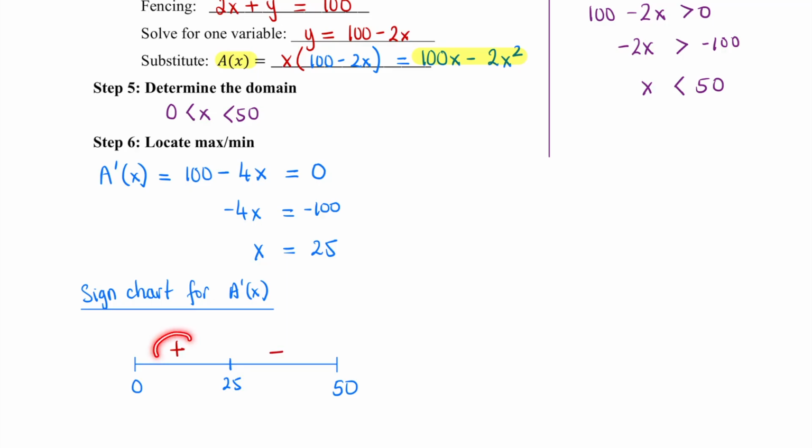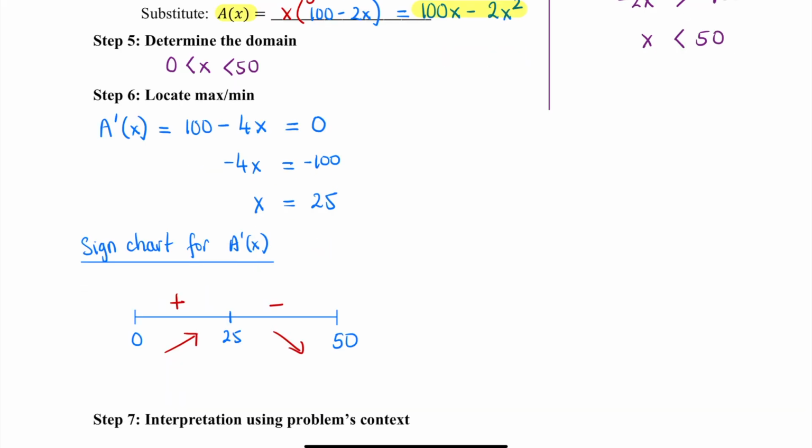When the derivative is positive, the function is increasing. When the derivative is negative, the function is decreasing. The function goes from increasing to decreasing.